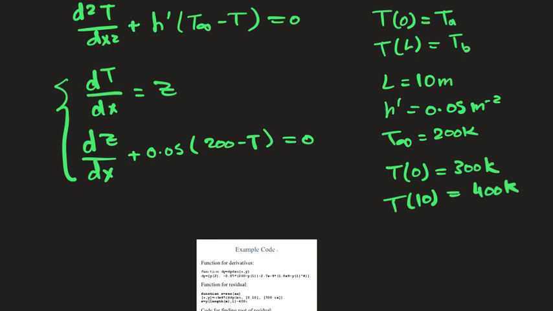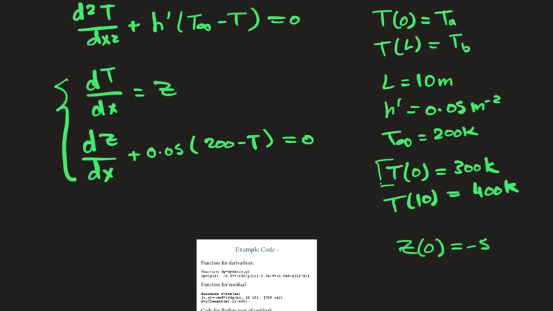Just to follow the same numbers here, we have this initial condition on T, but we don't have any initial condition on z. So let's assume that the initial value of z is Z0 equals -5.